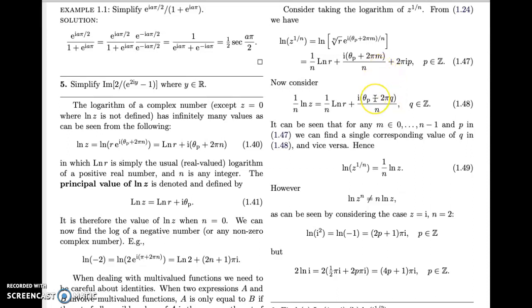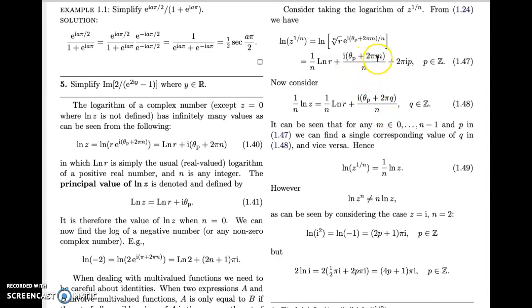Basically, you can just pick any value of n and any value of p in this, and you can find a value of q to get the same result here. So basically, you got the iθp over n to start with.